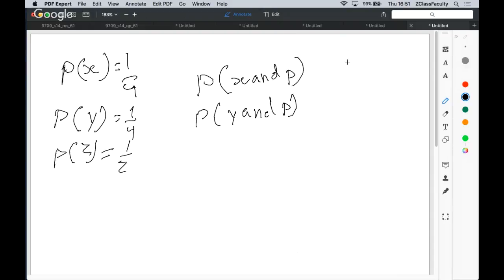How do you represent it with a mathematical symbol? It's better to write P of x.